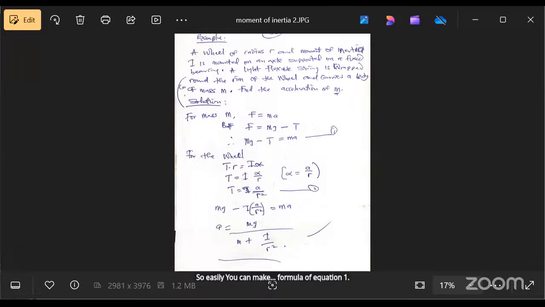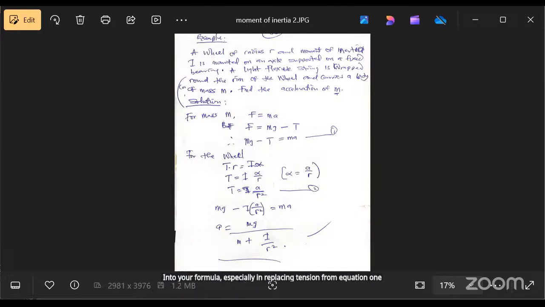And you get an expression for your tension. But that will not be okay because the question gave you the wheel of radius r and moment of inertia I. Therefore, it means that you have to incorporate the formula from the wheel into your formula, especially in replacing tension from equation 1.